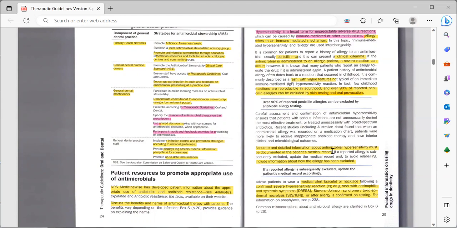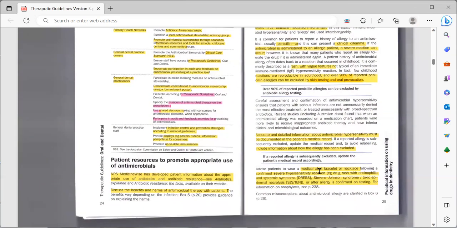Your notes would help you if there is any condition where you can get in danger, or if a patient wants to sue you. Your notes are the only thing that can help show what actually happened at that point in time. If a reported allergy is subsequently excluded, then update the medical record, and to avoid relabeling, include information about how the allergy has been excluded.